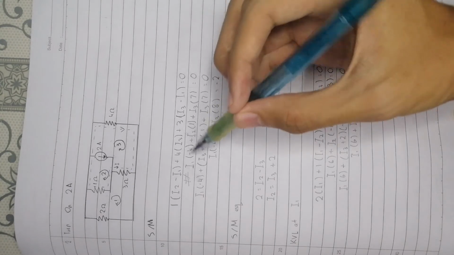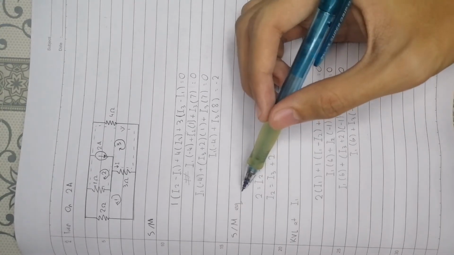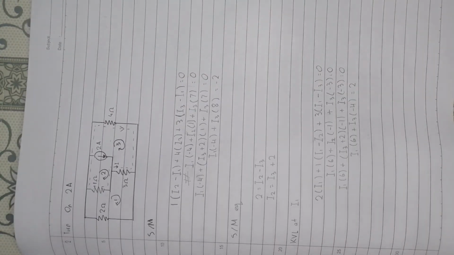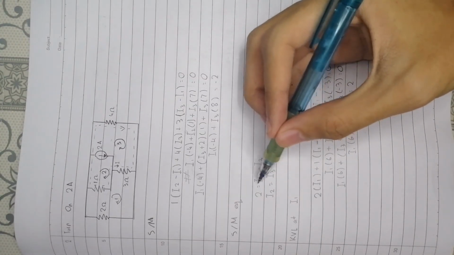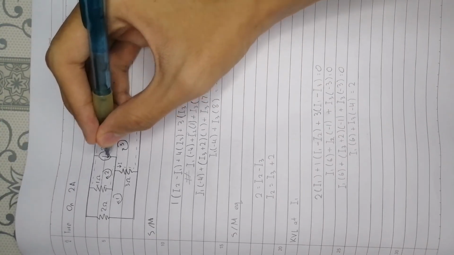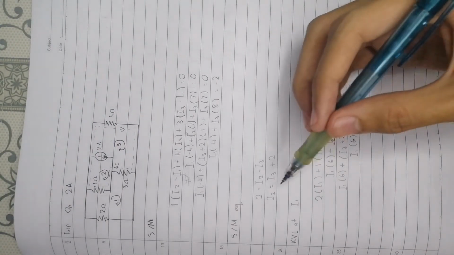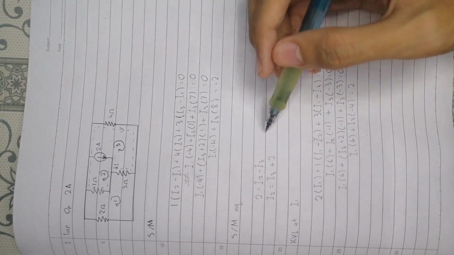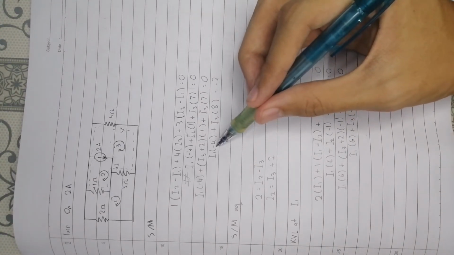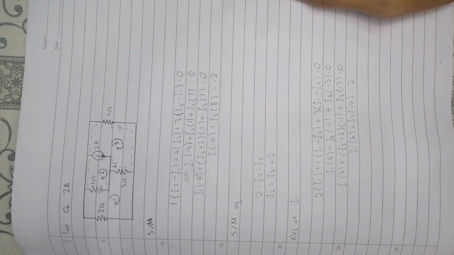And then we will get the equation like this, and we continue with the super mesh equation so that we know the value for the 2 ampere current source. So 2 equals I2 minus I3 because of the direction of the current source. So then we get I2 equals I3 plus 2, and then we will substitute the I2 in here, and then we get negative 4 I1 plus 8 I3 equals negative 2.